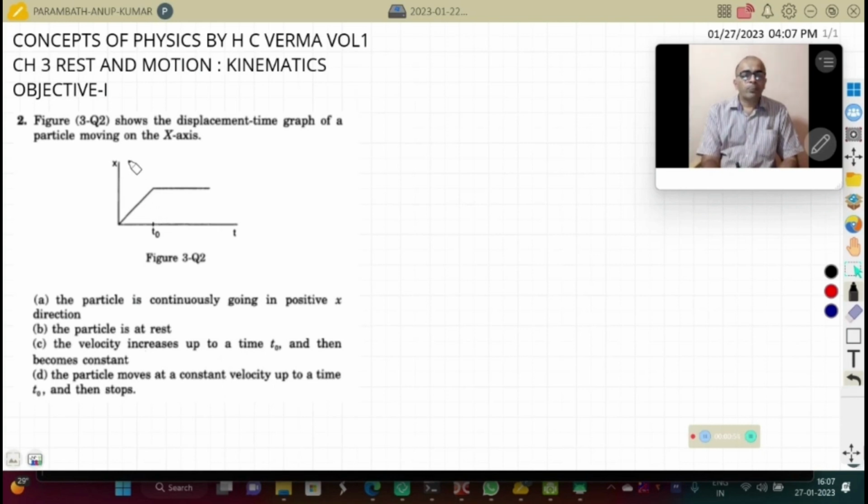Now, it is mentioned that this is a displacement-time graph. So, a displacement-time graph has displacement along the positive y-axis and time along the x-axis. Now, the slope gives velocity.